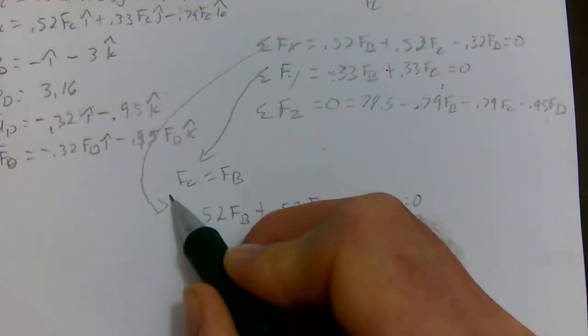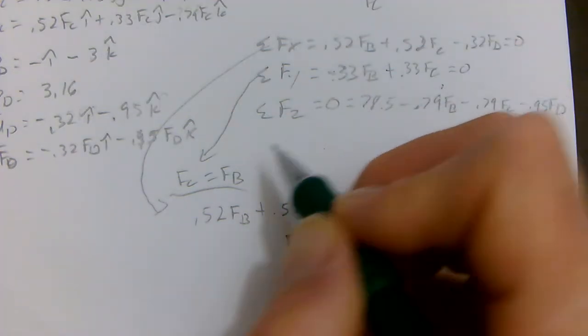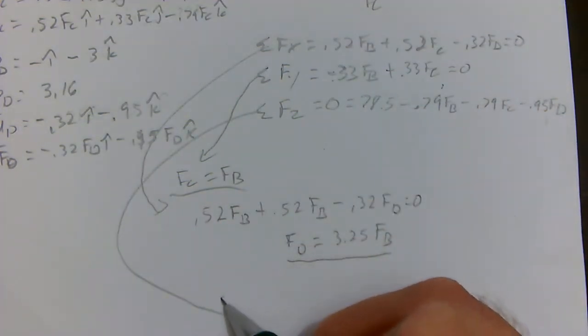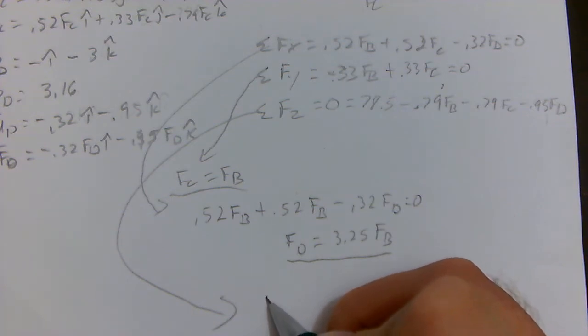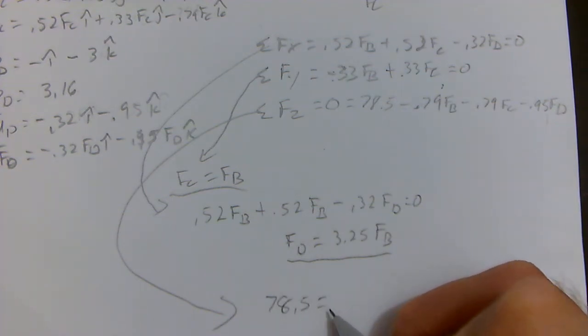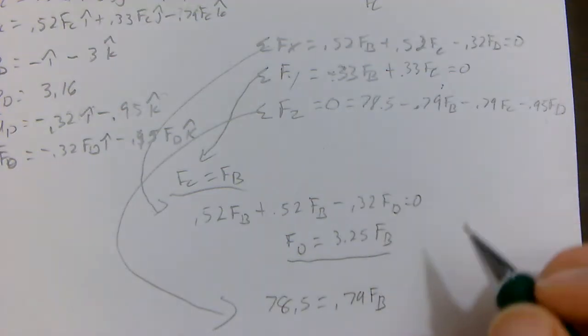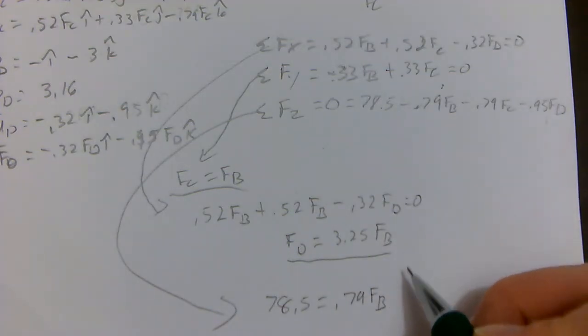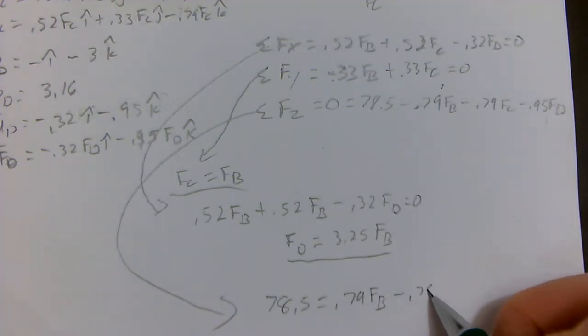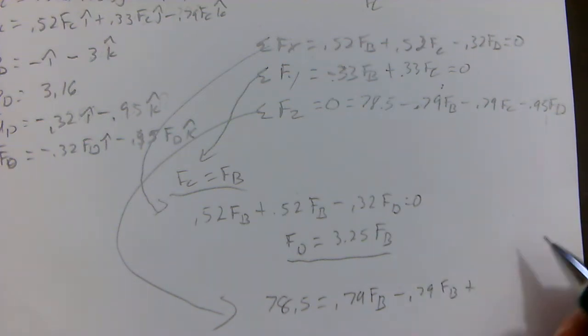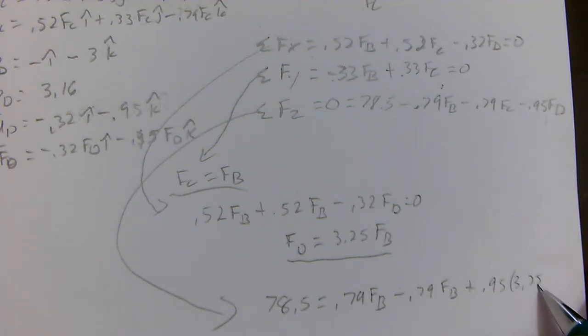So we can write C and D in terms of B, so put those into the Z equation, and we get 78.5 equals 0.79 FB, and move these to the other side so it became positive, 0.79 FB plus 0.95 times 3.25 FB.